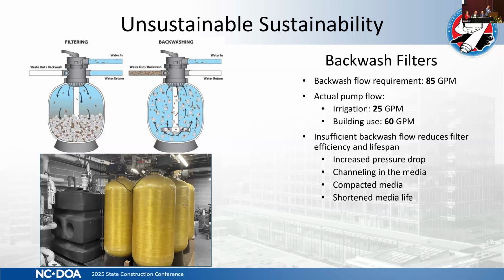Second, over time, the media can develop channels or pathways where the rainwater takes the path of least resistance, reducing the effectiveness of the filter. And then lastly, the media can become compacted, again, reducing its effectiveness and shortening the service life of the filter.